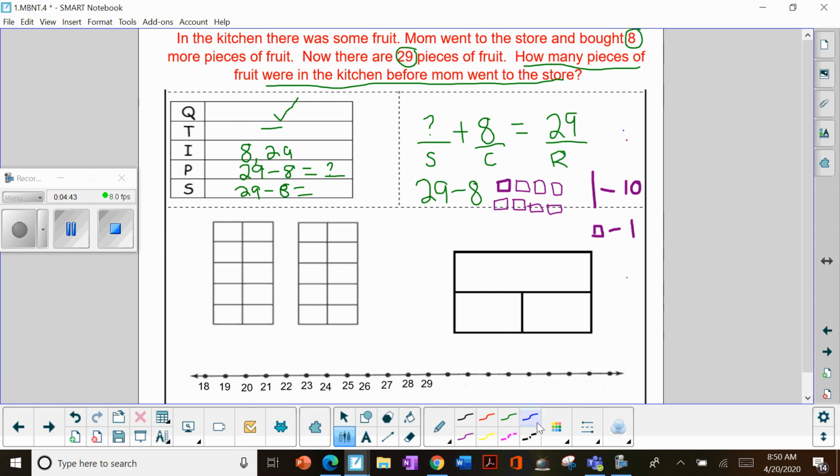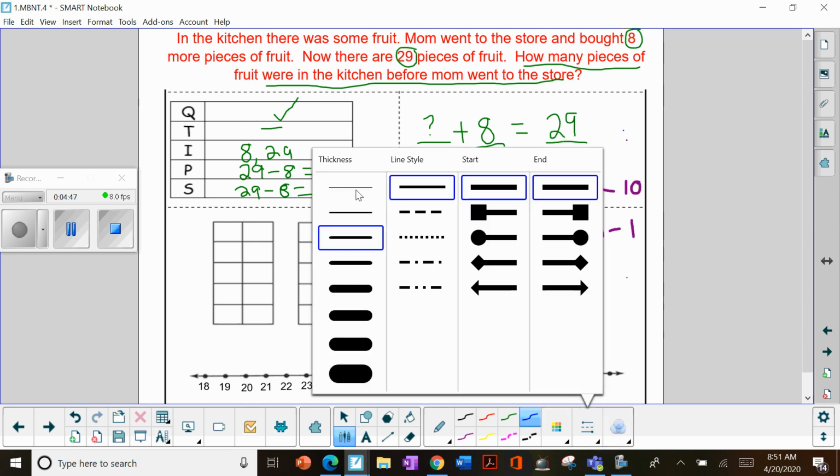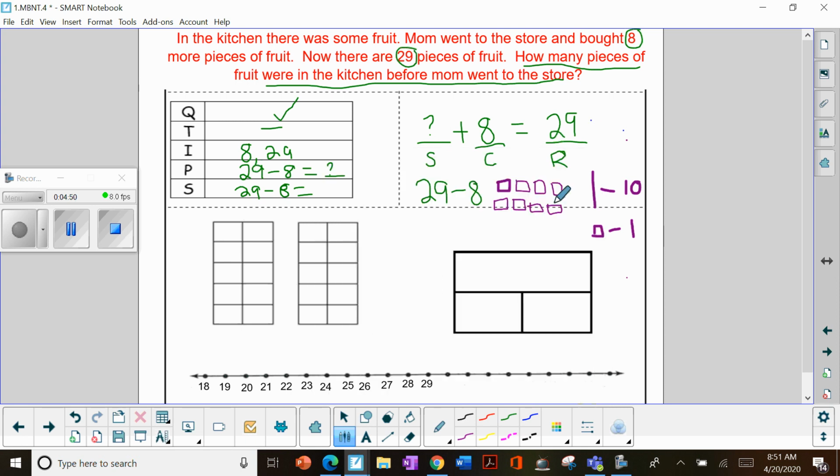Then in blue, I'm going to add to this to represent the amount that she had at the end. I'm just adding to what I've already drawn. So we're going to have one more for 9, right? Because I have a 9 in 29 in my ones place. I have a 2 in my tens place, which means I need 2 of these rods to represent 20.